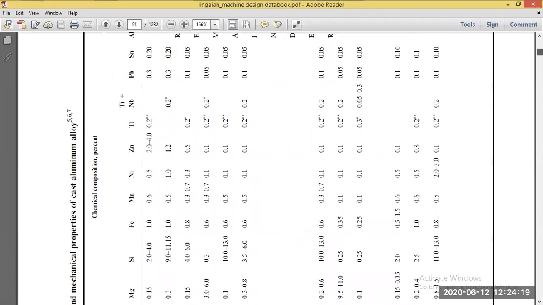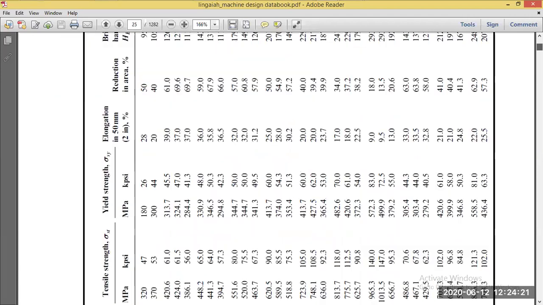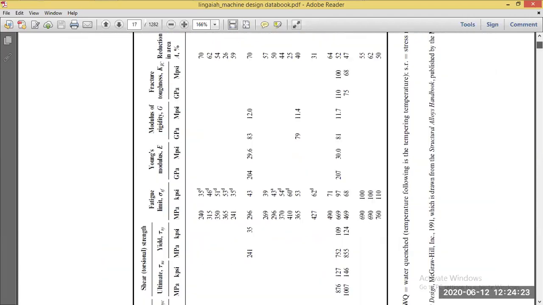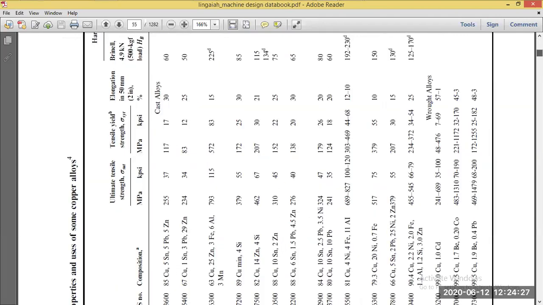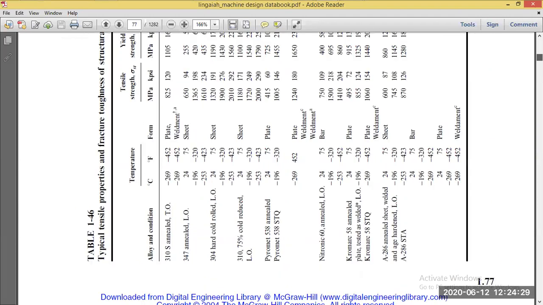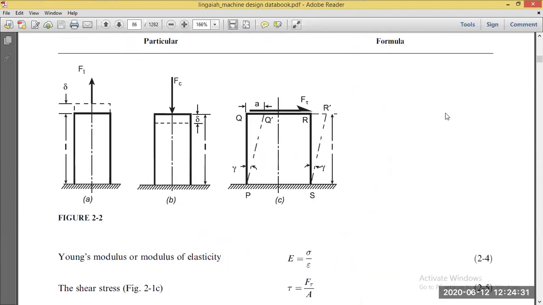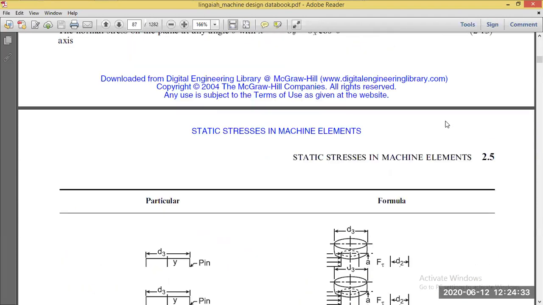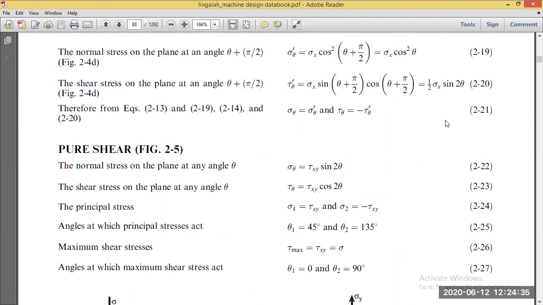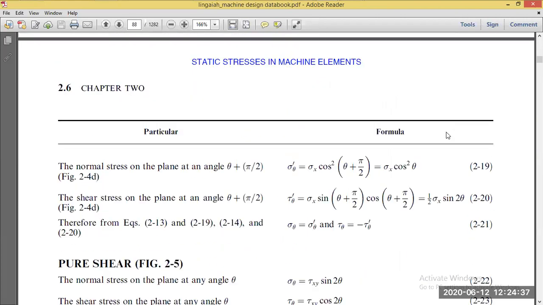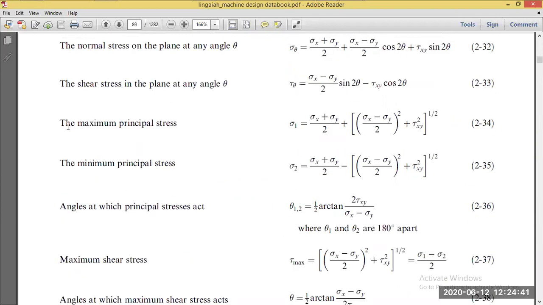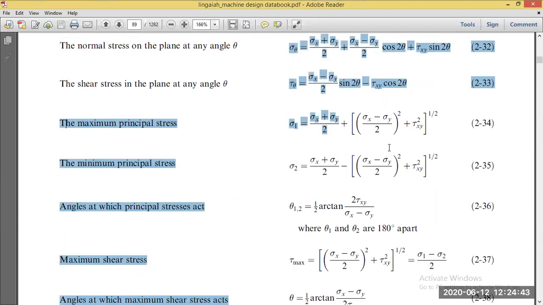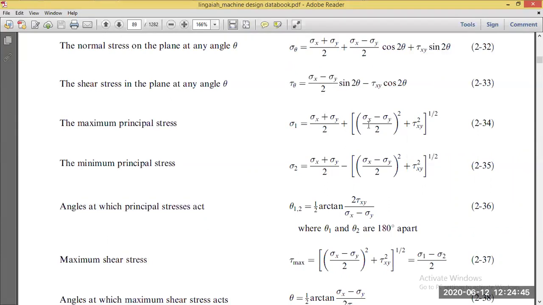So better get a feel of this data handbook before you start with the tests and exams. Okay, somewhere over here, I guess. Sigma 1, sigma theta. Yeah, here. So maximum principal stress and minimum principal stress. So these two equations, and we can extract the data from this.